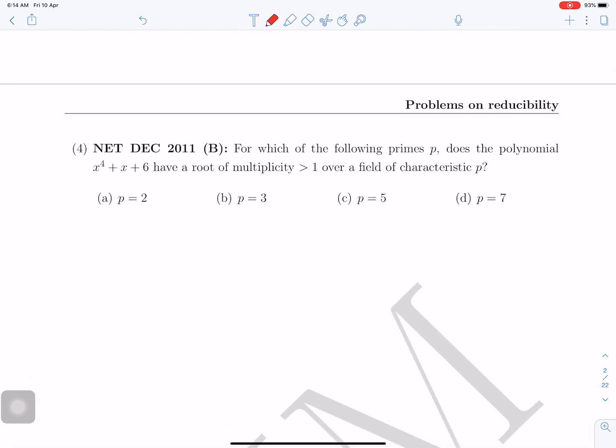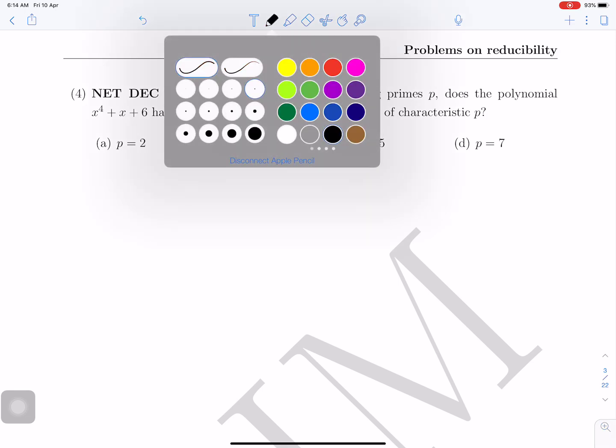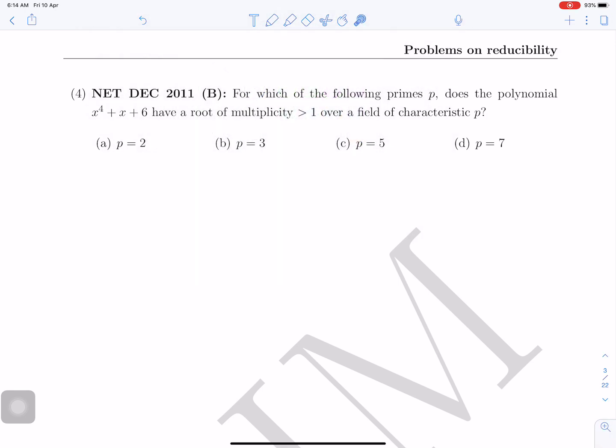Now problem number 4. For which of the following primes p does the polynomial x raised to 4 plus x plus 6 have a root of multiplicity greater than 1 over a field of characteristic p?